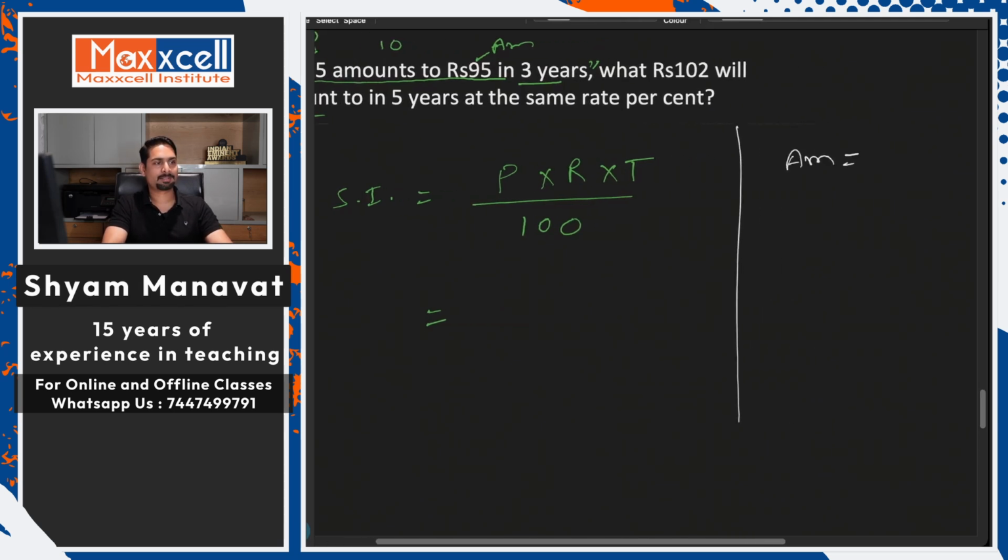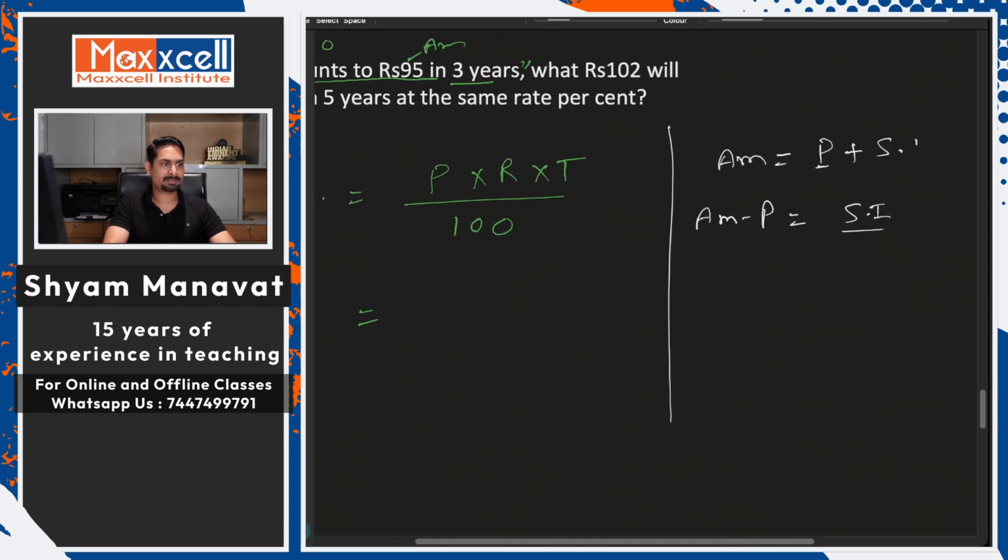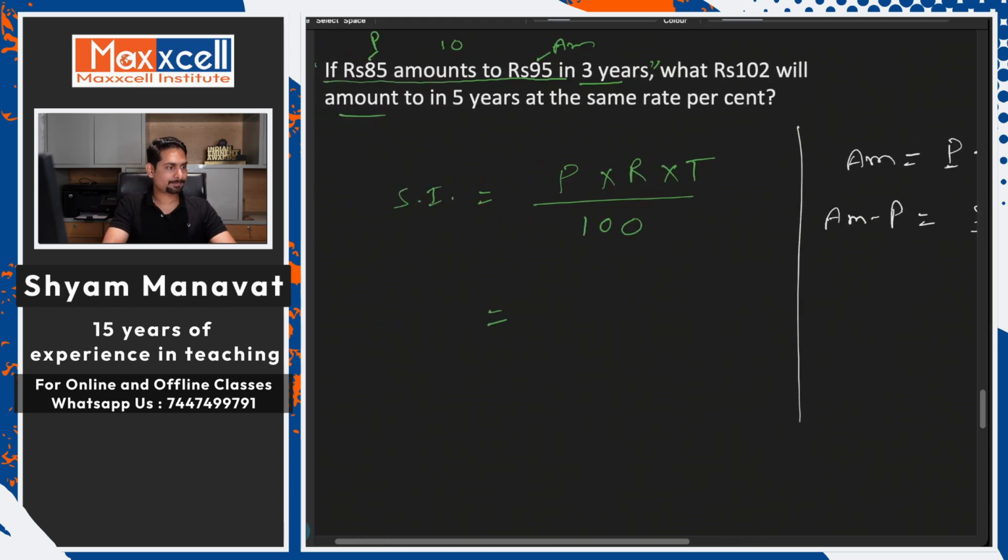We understood the interest is 95 minus 85, the difference between amount and principal. Let me write it for you. Amount equal to principal plus interest. So if I take out principal from amount, I am left with only simple interest. This formula, amount equal to principal plus interest, is the same for compound interest also, but we'll discuss that later.